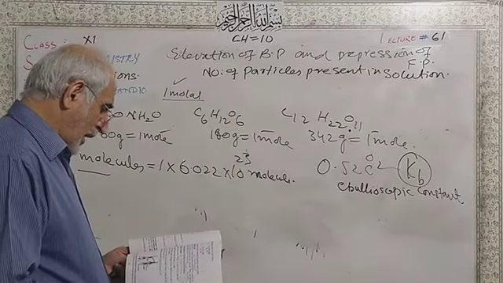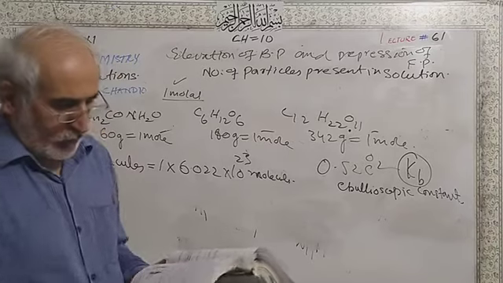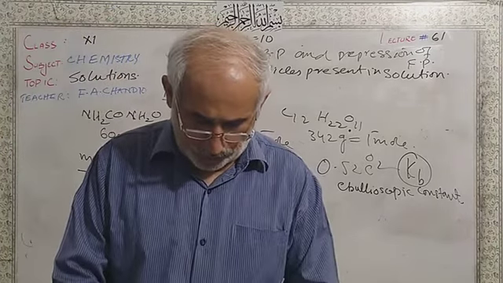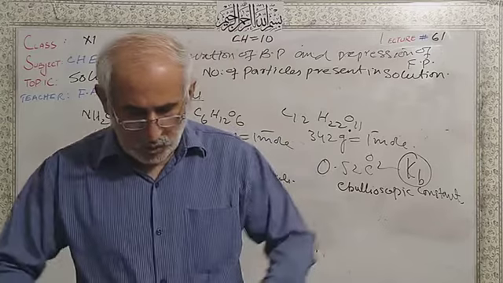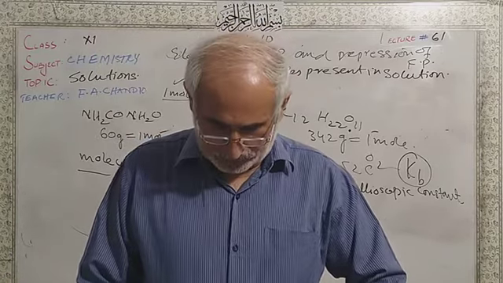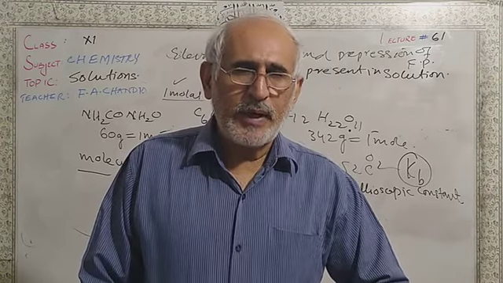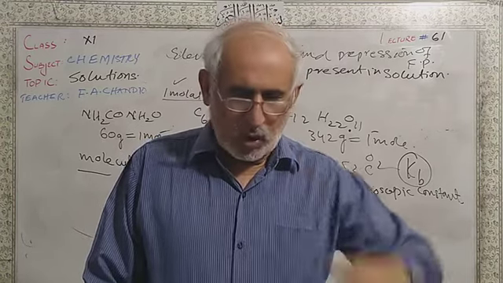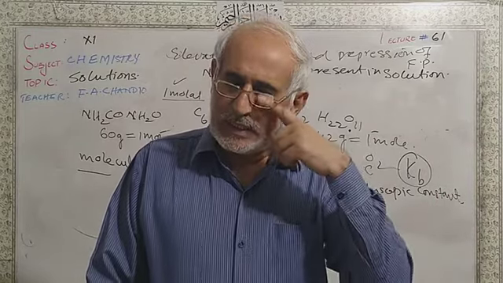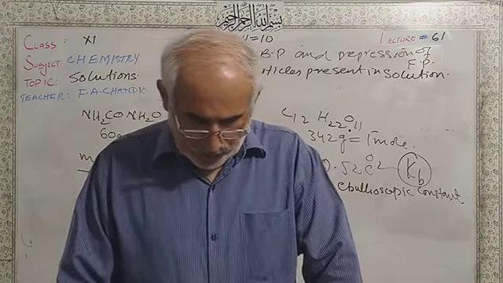Kb is the molar boiling point constant or ebullioscopic constant for water. When you put a 1 molar solution, it depends upon the molarity: the more the molarity, the more the increase; the less the molarity, the less the increase. So this value I told you.